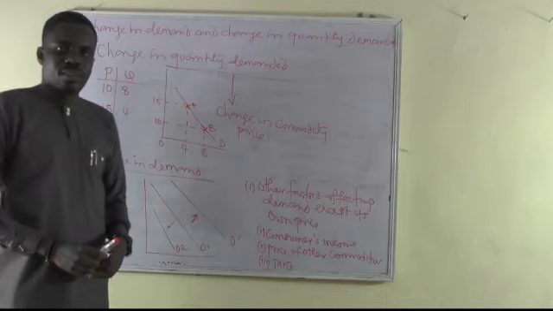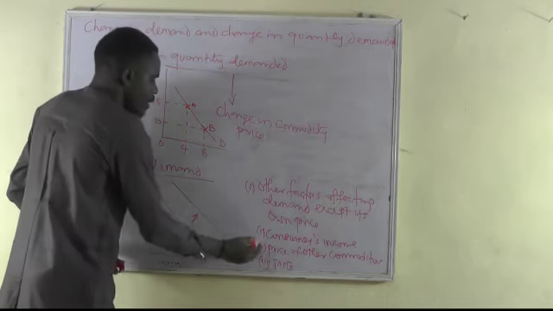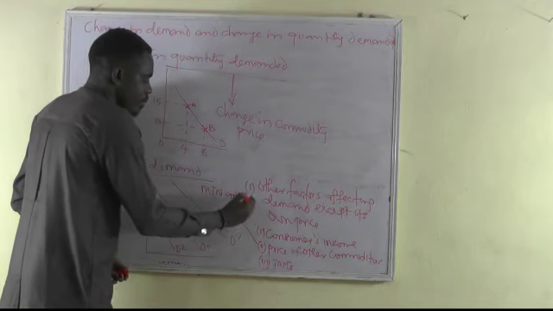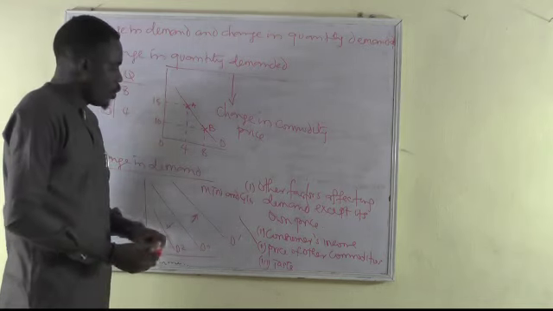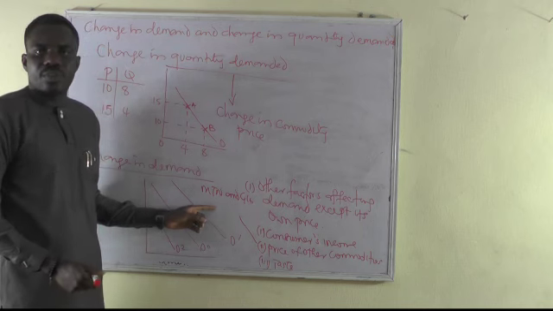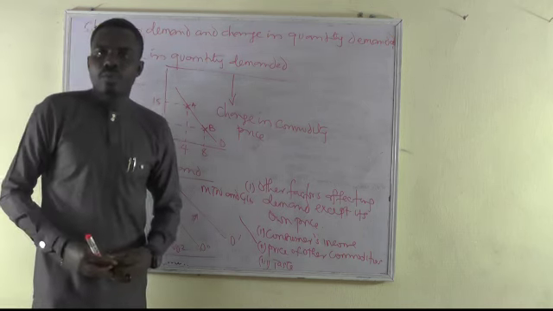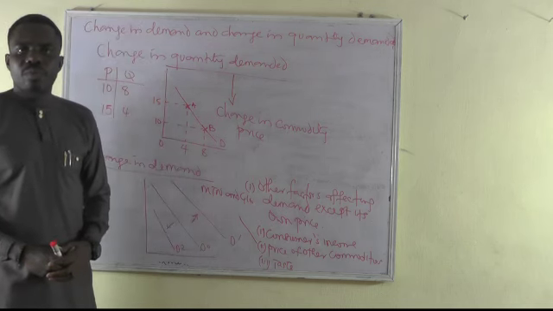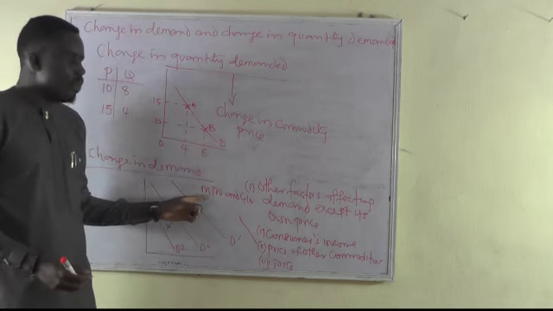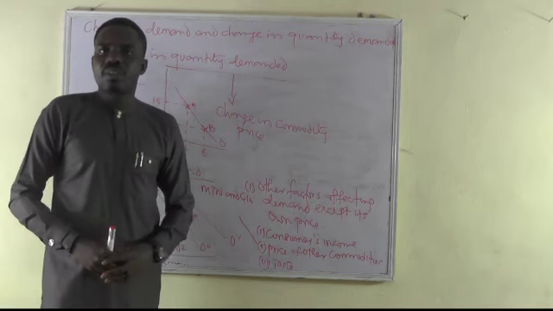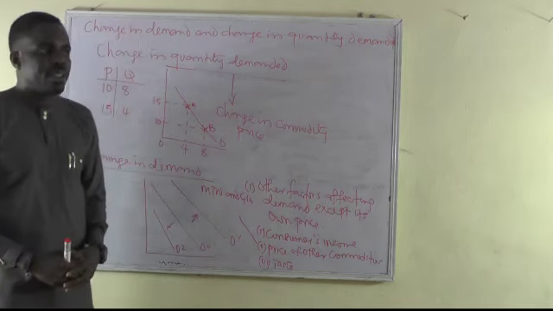For instance, using MTN and Glo as an example, Glo and MTN are substitutes. So, if the subscription price of Glo increases, then there will be high demand for MTN, which is a favorable factor to MTN.